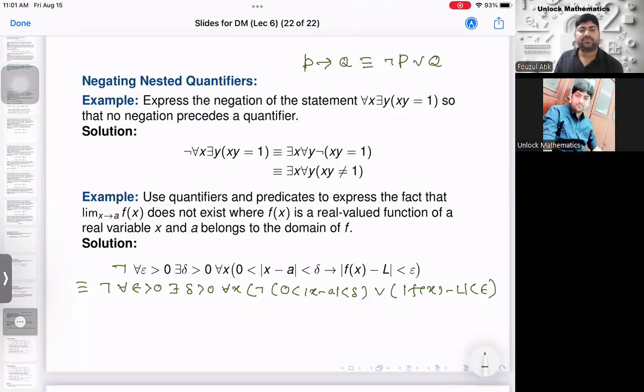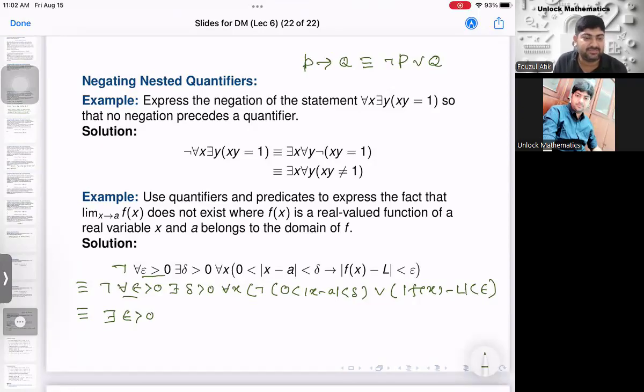Now you apply the negation to it. This is equivalent to the negation of for all epsilon. What will it become? De Morgan's law for quantifiers. It will become there exists epsilon greater than 0. I mention that this epsilon greater than 0 is the restricted domain. So you cannot say that there exists epsilon less than 0.